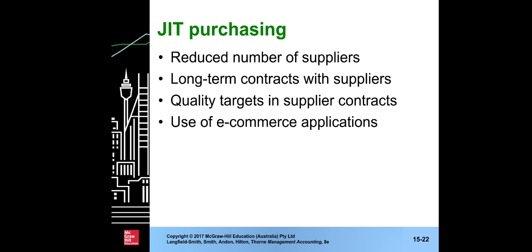That is the difference. So the burden is now on the supplier. The business reduces the number of suppliers, signs a long-term contract, and the burden to maintain the quality of the material is on the supplier. And then use of e-commerce application.